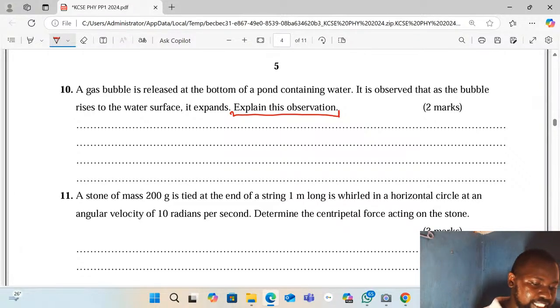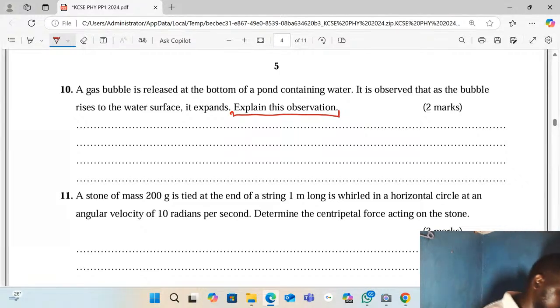We know that pressure increases with depth, and therefore, when the bubble is at the bottom, it is very small because of the higher pressure at the bottom of that fluid. But as it comes towards the surface, since the pressure is decreasing due to decrease in depth, then it is going to increase in volume. That is why we say it is increasing in size.